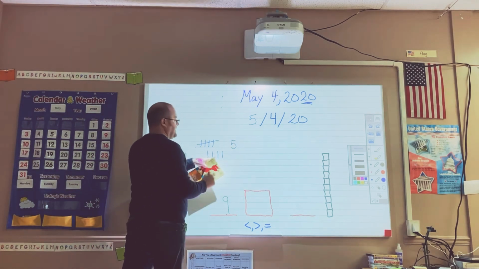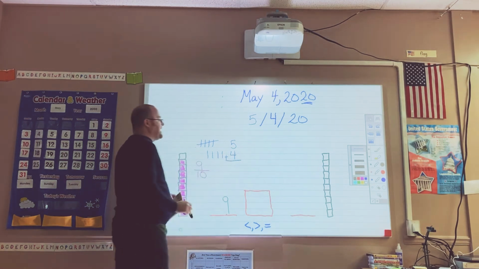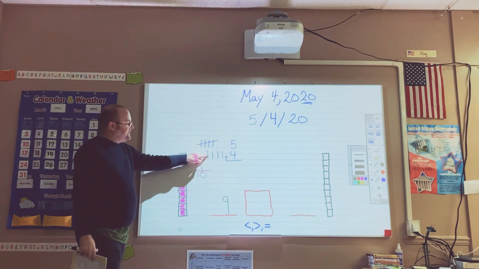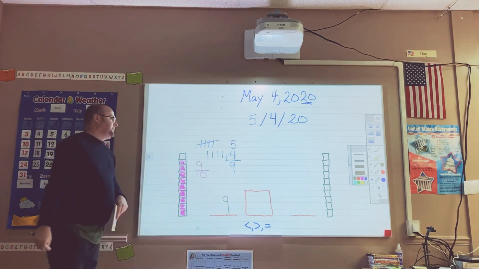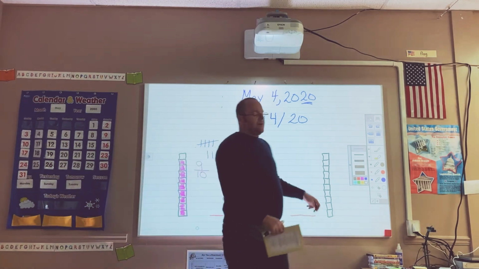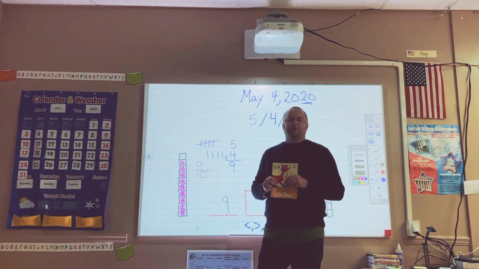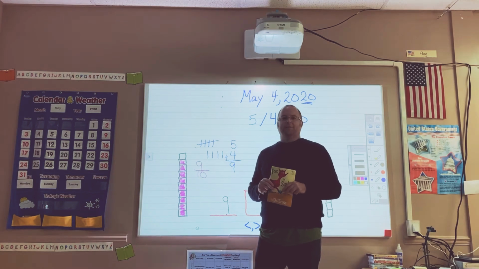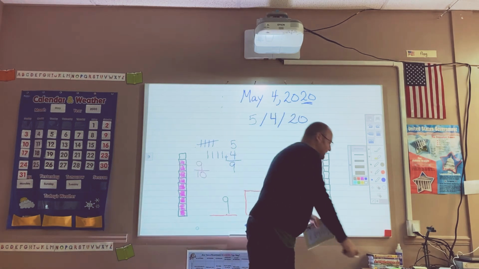Which I know if I add those 2 together, 5, 6, 7, 8, 9, perfectly comes out to 9. We're going to do the same thing over on this side. We're going to find out how many times I'm going to mess up. Hopefully it's going to be perfect. If it's 0, that's going to be amazing. That's going to be the first time ever.